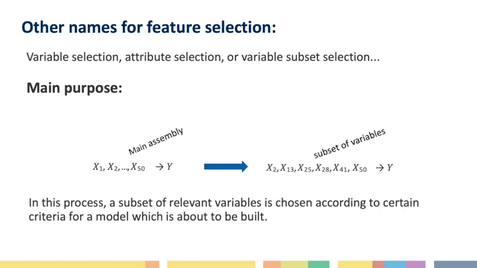The main purpose of this is to use an initial variable set and try to identify a subset of those variables that is important, that's enough for trying to achieve our purpose. So we try to remove all those variables that in the end aren't helping significantly with this objective in mind. So this is the main objective.